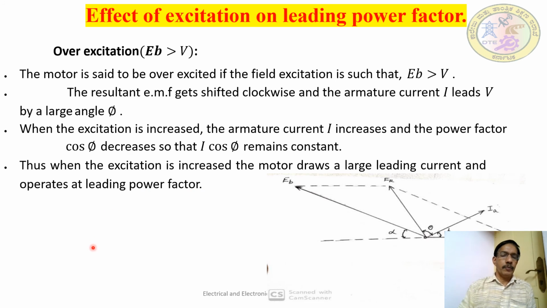So V curve like this. So minimum at this point, it's unity power factor. Before that lagging, but current is more. After that leading, current is more. This is the variation of armature current versus field excitation, the V curve.